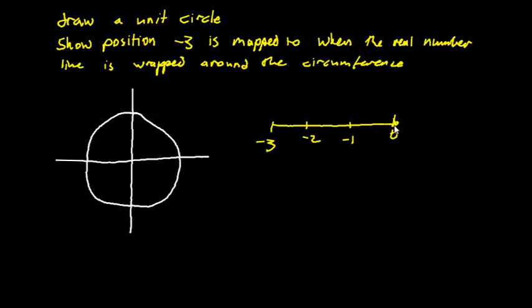When we take this point here and place it on there, and then we wrap that line around, we should get about -3 there, -2 there, -1 there, or thereabouts. And what we've got is this angle in here is going to be our -171.9.